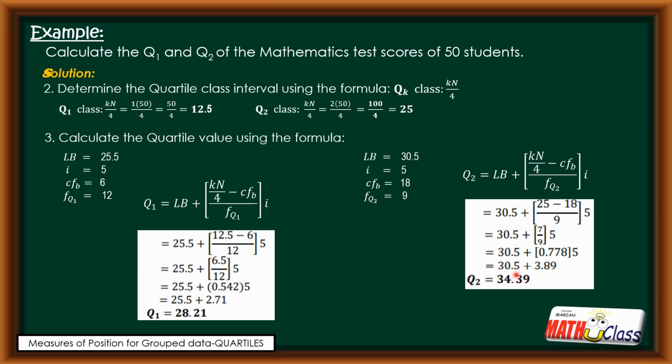Let us add 30.5 and 3.89. And the result is 34.39. Therefore, the value of our Q2 is 34.39. And that's all for this lesson about quartiles for grouped data.